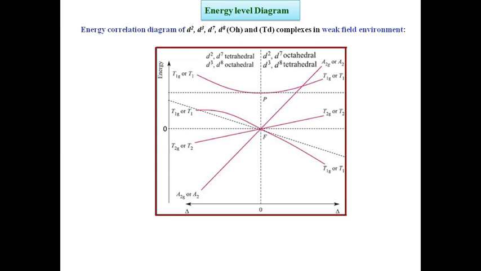The spin multiplicity is 3 as 3F, 3P for D2 and D8 systems and 4 as 4P, 4F for D3 and D7 systems. Their corresponding components also bear the same spin multiplicity.